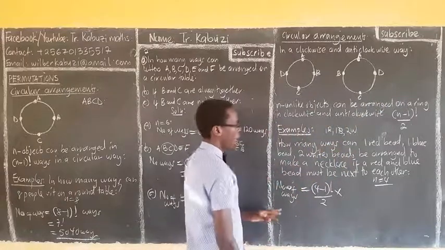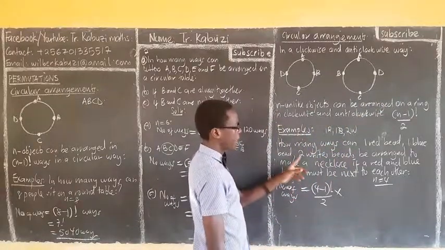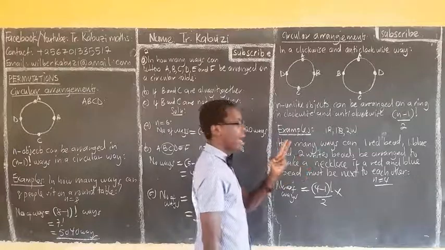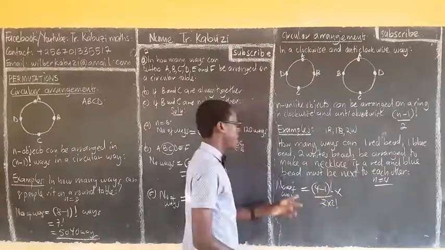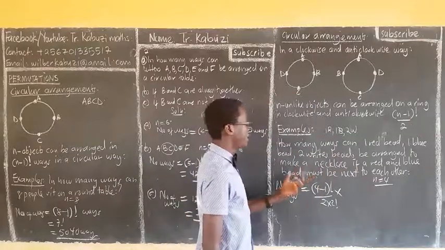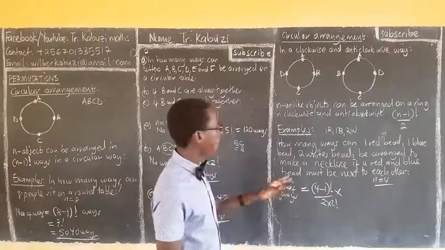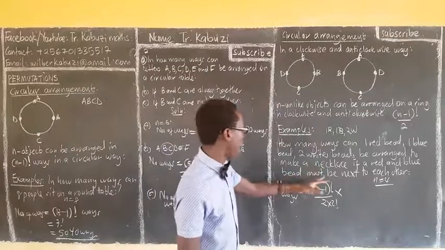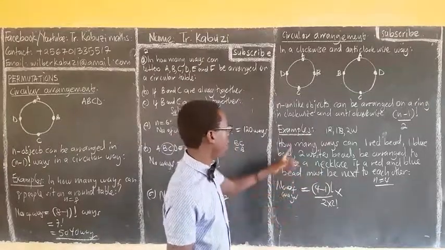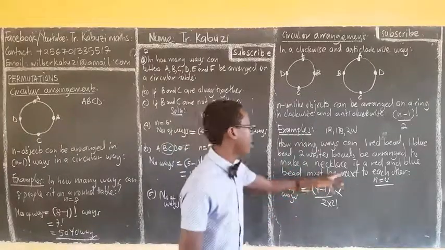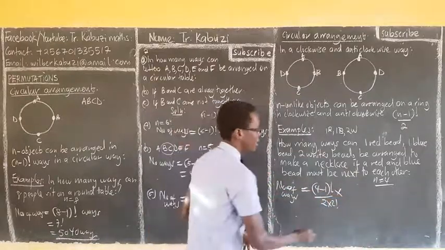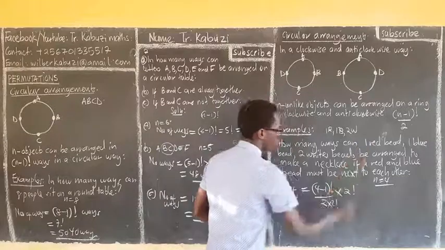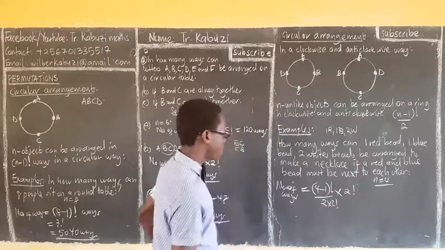But now we have these 2 beads, the white ones, which are similar. If they are similar, we also divide by 2 factorial. Then, because the red one and the blue one are together, I can put them in 2 ways, so times 2 factorial ways there.